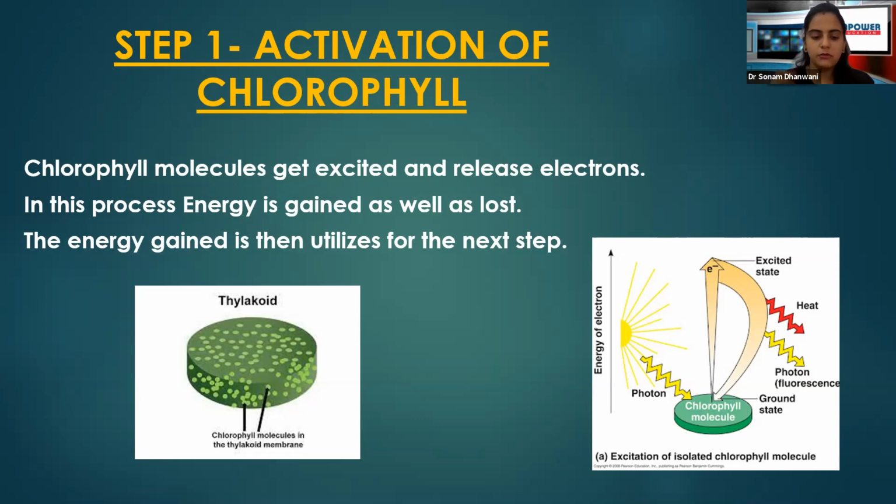Now both things are happening. They are also gaining energy because they have received sunlight and they have released electrons. And there is also going to be some energy that is lost because of the movement of the molecules. Correct?